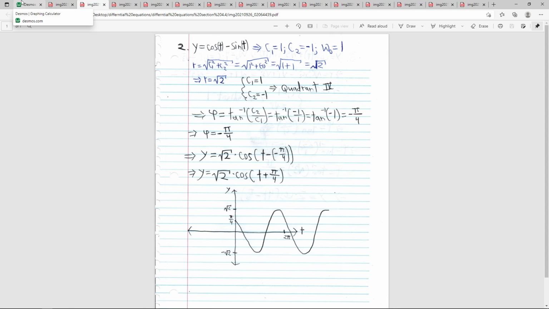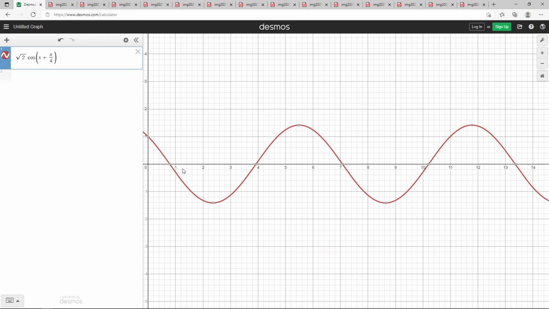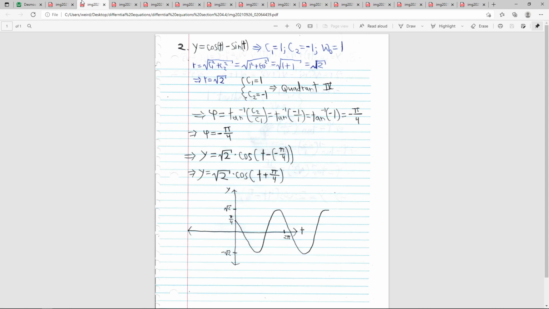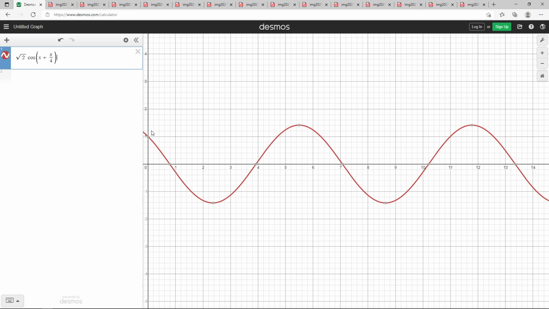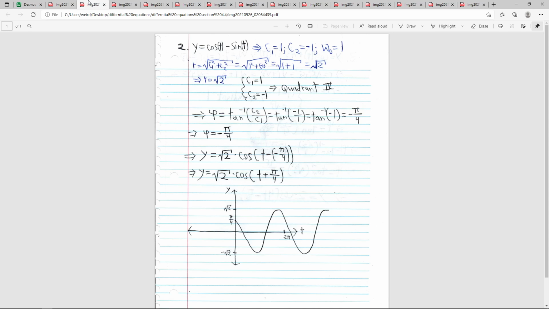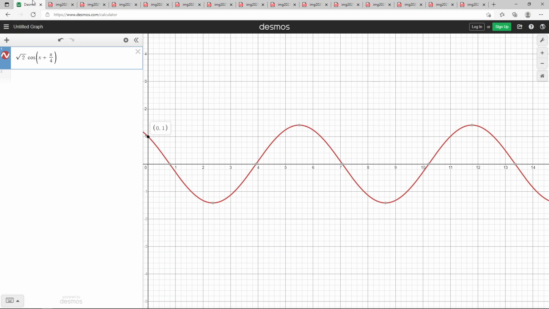You can see it's wider this time. Highest point is again the square root of 2, which is 1.414.